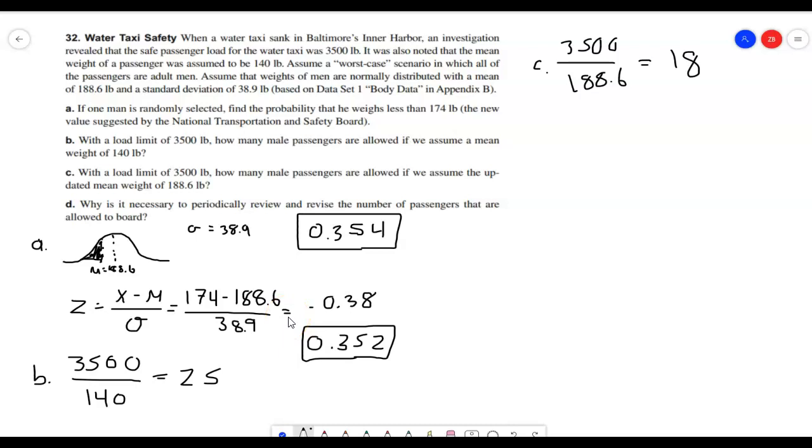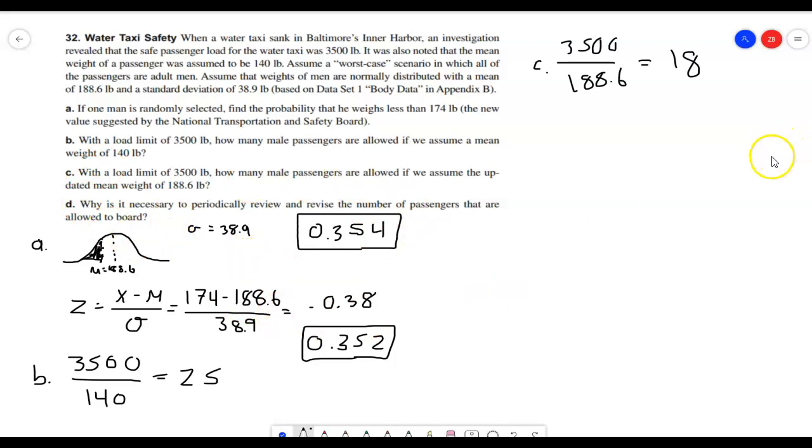So 140 pounds may have been about the average weight of humans back in maybe the early 1900s when we were outside working all day long on the farms. But today we are probably at least on average 30, 40, 50 pounds more than that. So these things need to be updated.